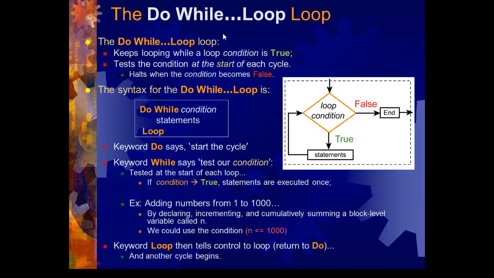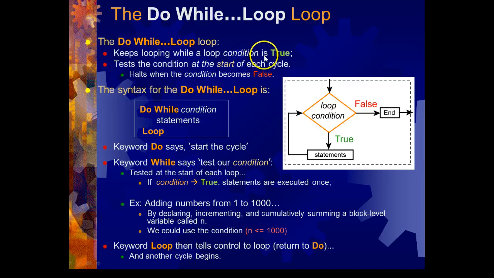The do while loop kept going as long as the condition was true. But the do until is just the opposite of that. We do it until something happens.